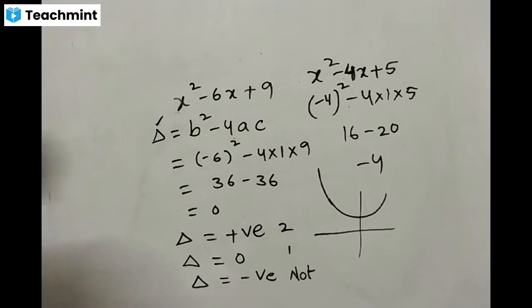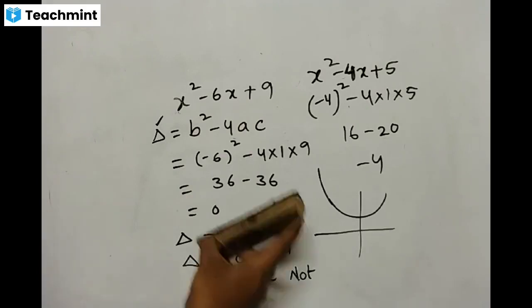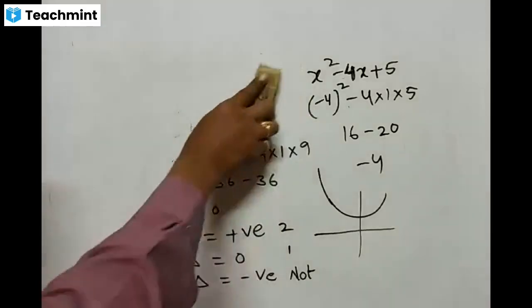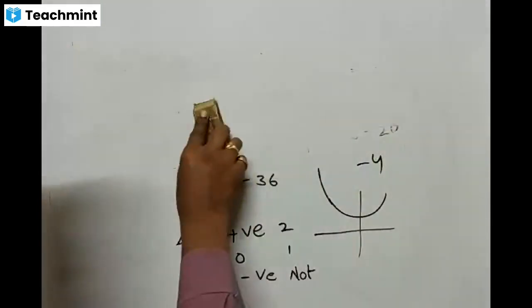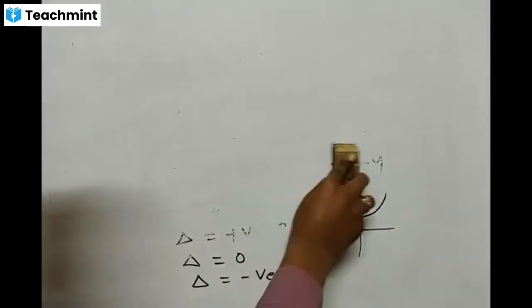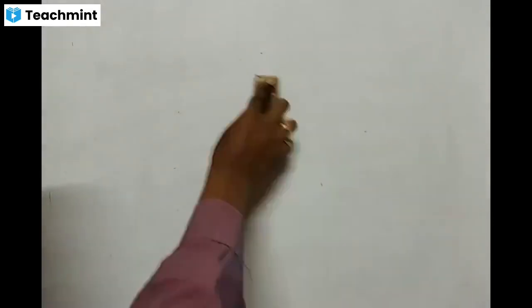Okay. Just in the same manner, we can use the factorization method to find out the zeros of a quadratic polynomial. Listen.